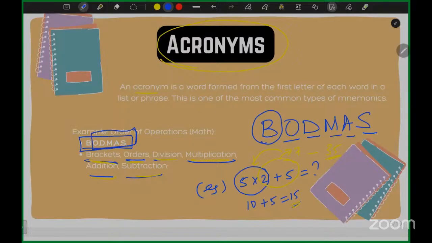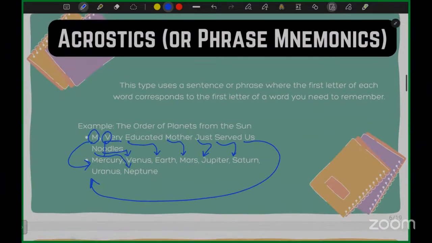It's just a bunch of letters which can be coupled together to understand, like BODMAS. And an acrostic or phrase mnemonic is a sentence or a phrase which is used to understand a particular series, a particular list of items. That's all. I hope you understood.